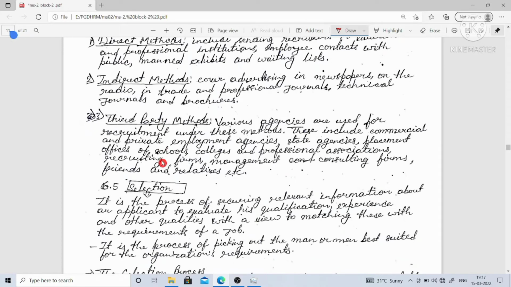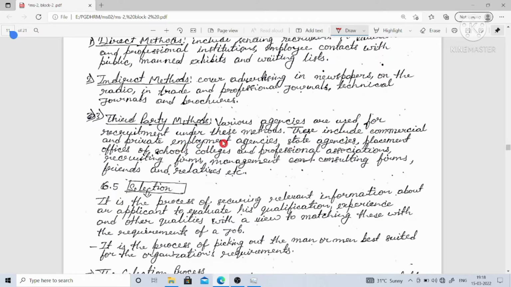Third method, third party method. Various agencies are used for recruitment under these methods. Different agencies can be used by different organizations for getting able employees.